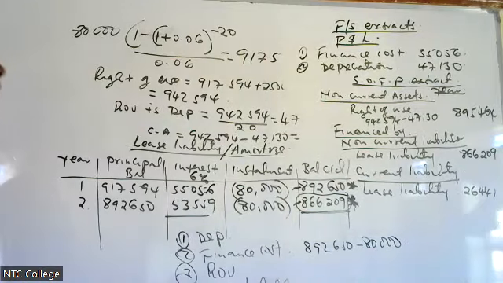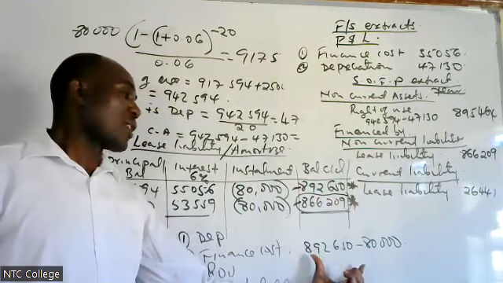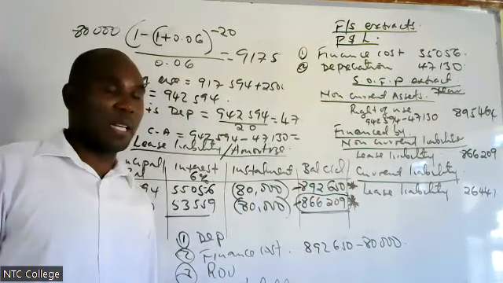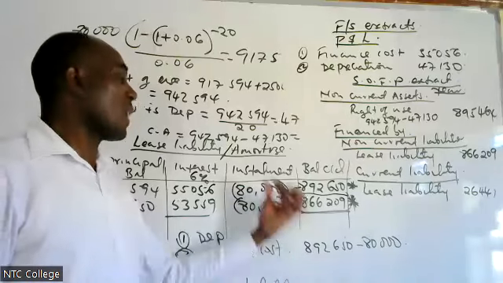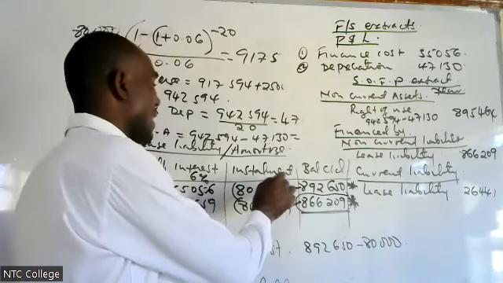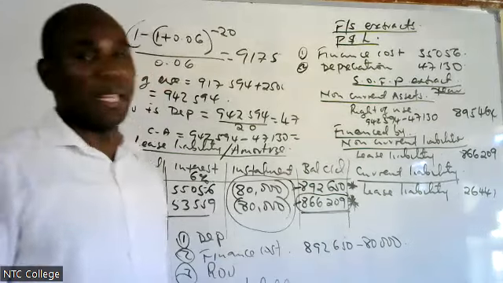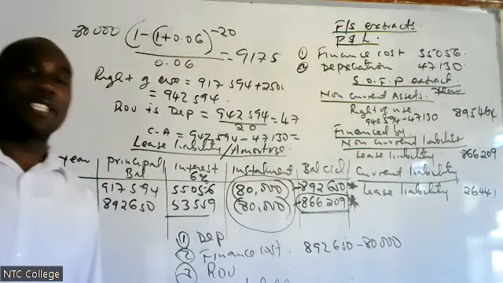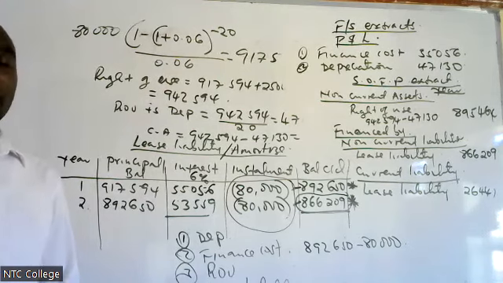It will just be the balance at the end, minus the installment, if payments are made in advance. Then what will be the current liability? The current liability is the installment. If payments are made in advance, the installments become the current liability.